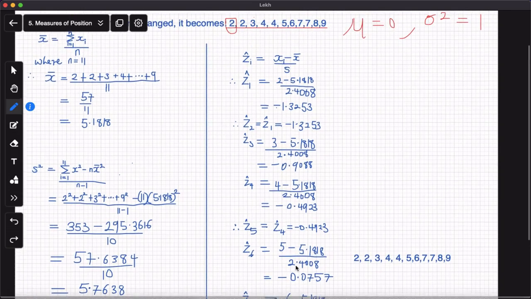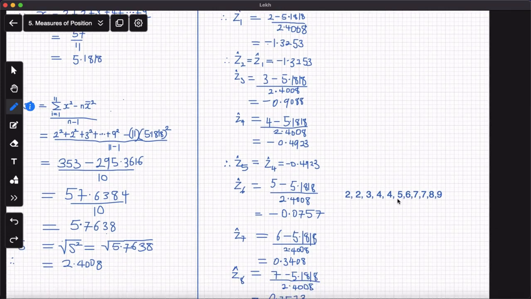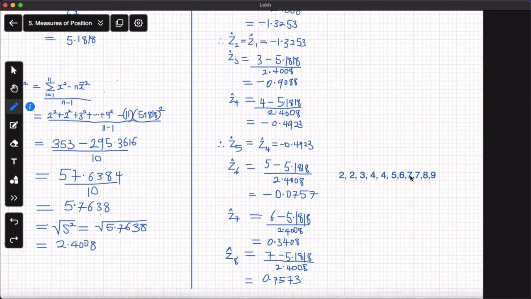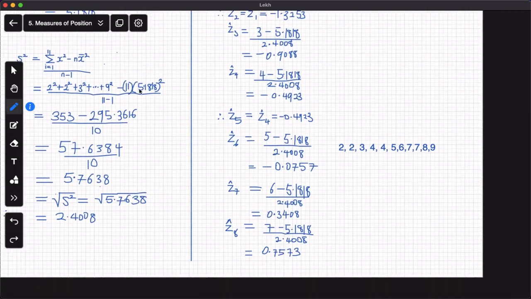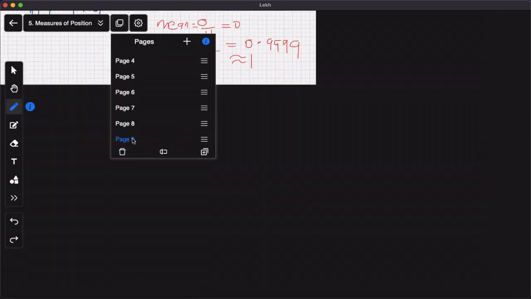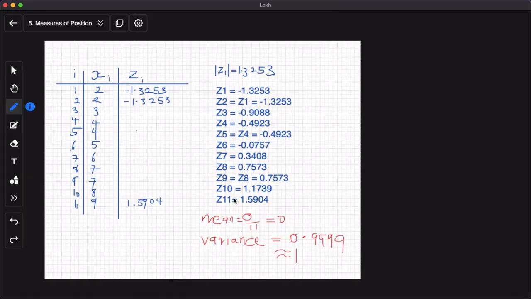The seventh observation is 6, so 6 minus the mean divided by the standard deviation. The eighth observation is 7, so 7 minus the mean divided by the standard deviation. So that's how you get it. I stopped at Z8 here, but if you continue, you eventually have up to Z11 because there are 11 data points in your data set. All right, so you have them to be what you're seeing here.